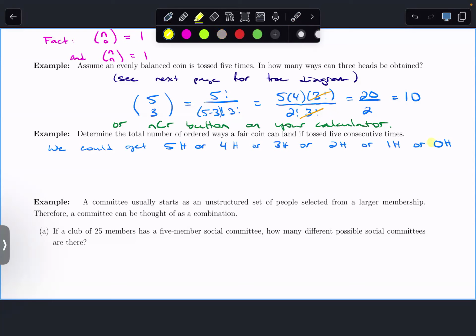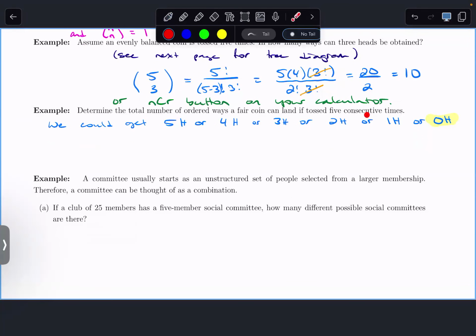You don't want to forget about this little guy. Maybe it's just me. I always forget about the 0 option. I know it's not just me because I see a lot of students forget about it too. But it is a totally valid outcome, right? Tails, tails, tails, tails, tails.